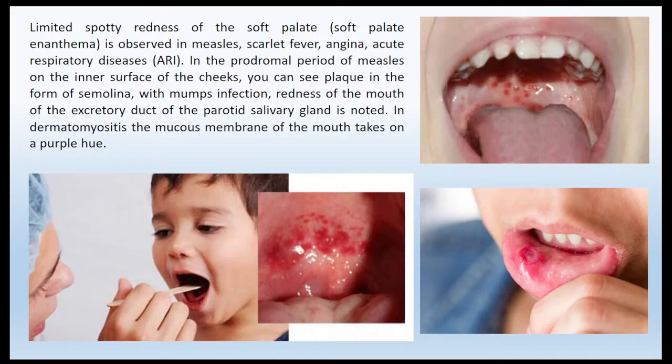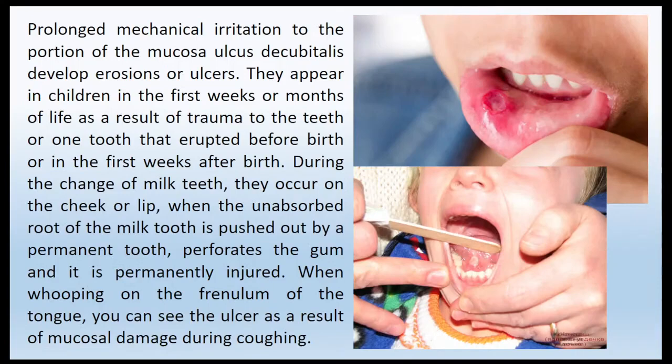With mumps infection, redness of the mouth of the excretory duct of the parotid salivary glands is noted. And also you can see an ulcer as a result of mucous damage during coughing in the lower picture.